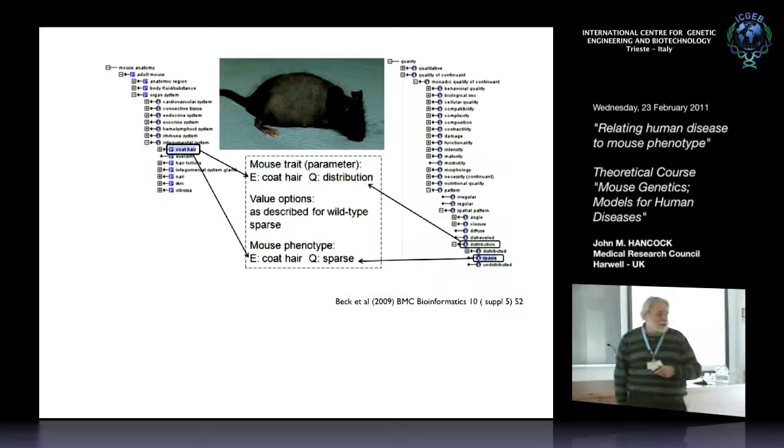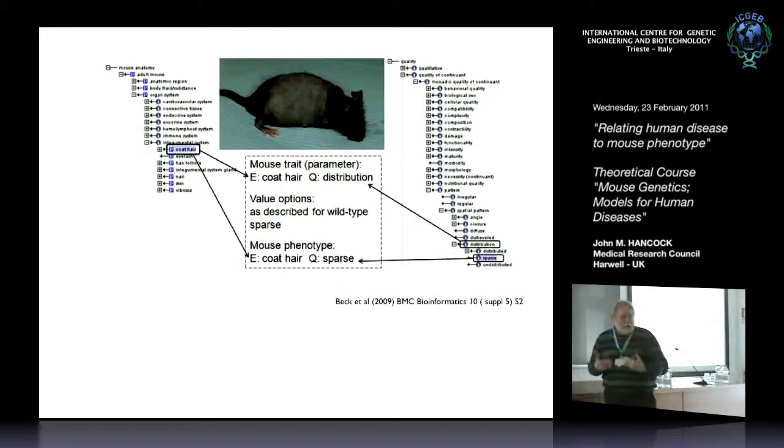So coat hair distribution is a trait. But under distribution, you have various qualities of distribution. So you have sparse or dense or various things. And so if you pick that, you have a phenotype. So you migrate from having a trait to a phenotype by adding lower level properties.